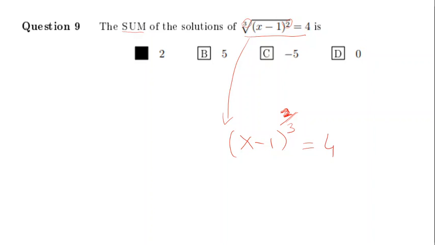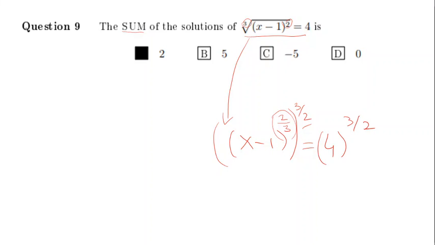Now, if you have a fraction power here, it's a rational power, then you take both sides to the 3/2. You flip this one and you take it as power, but you're doing it to both sides.